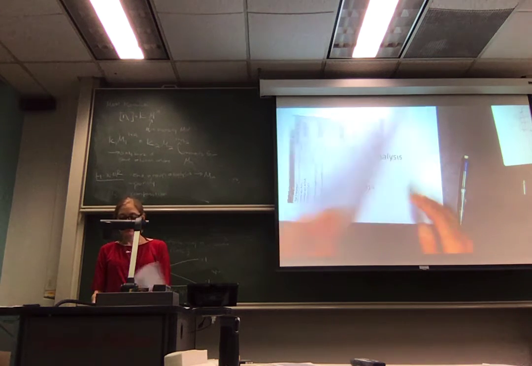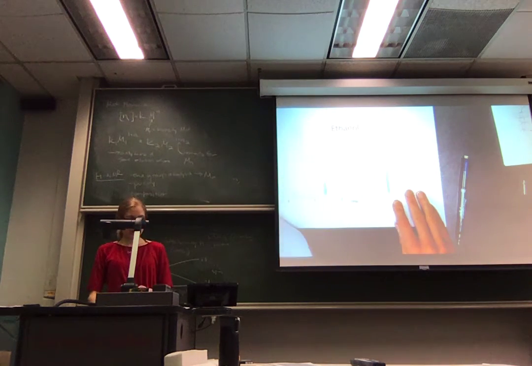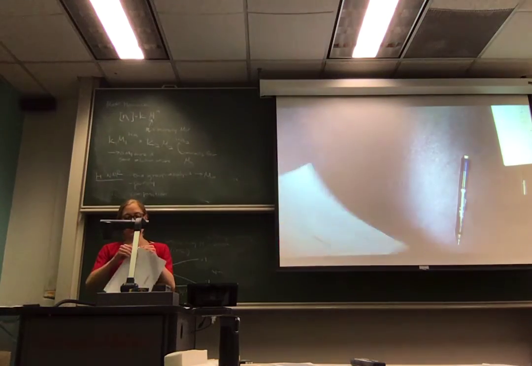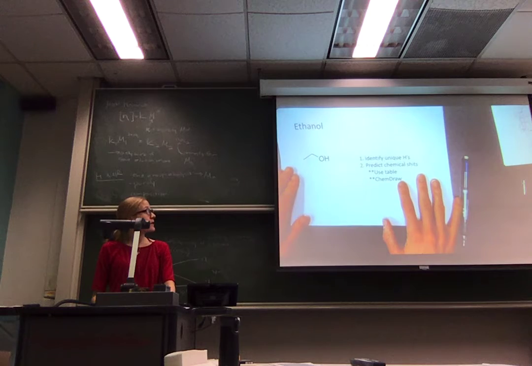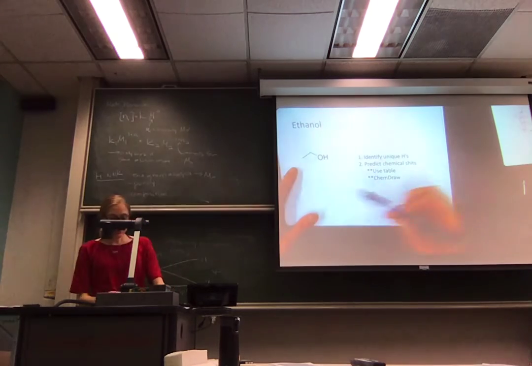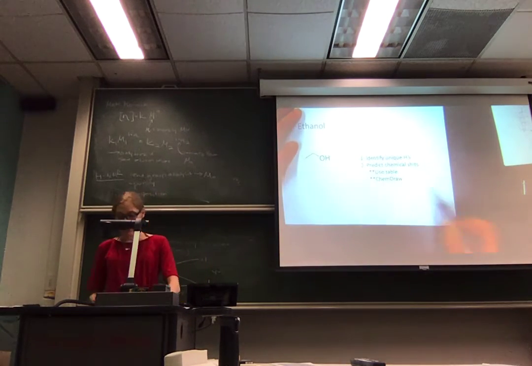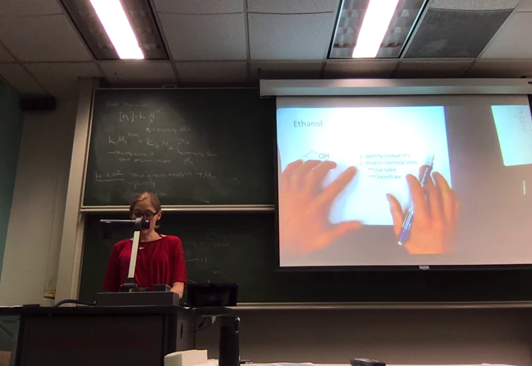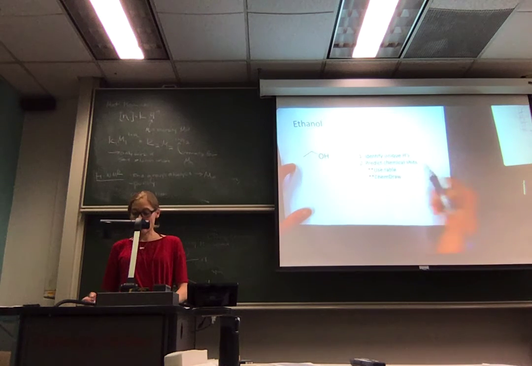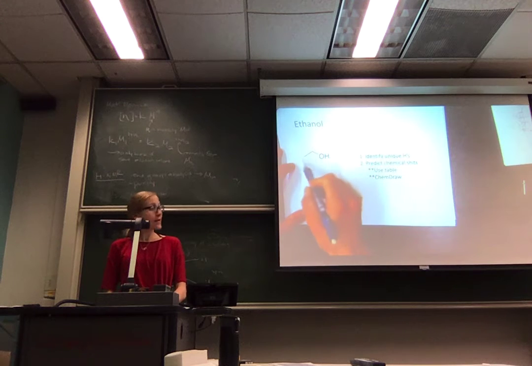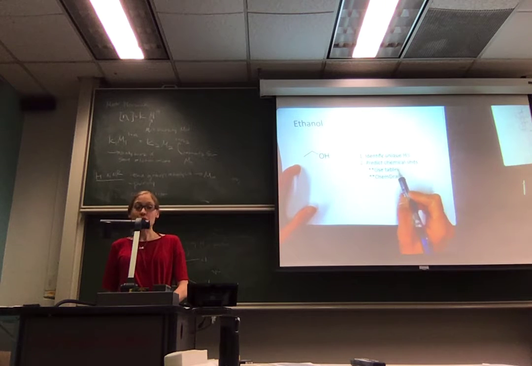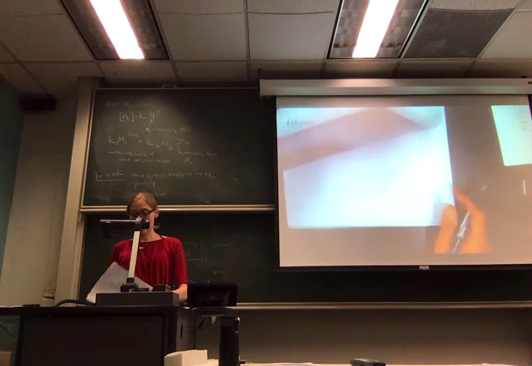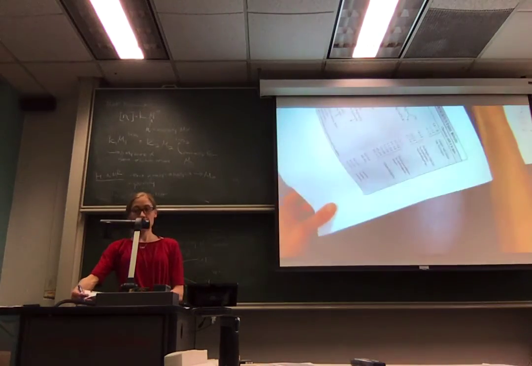So if we flip ahead a little bit to look at ethanol here, we can identify unique protons, and then you can predict the chemical shifts using that table on this front sheet.